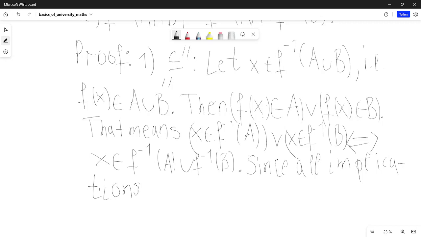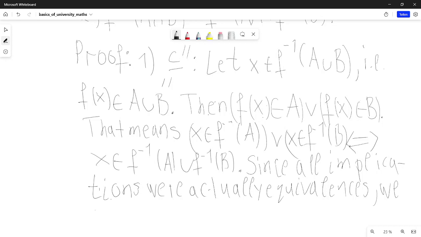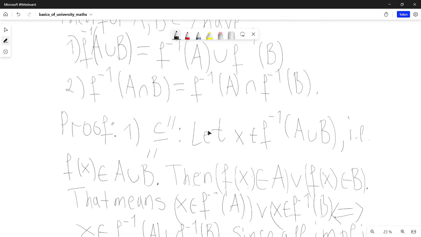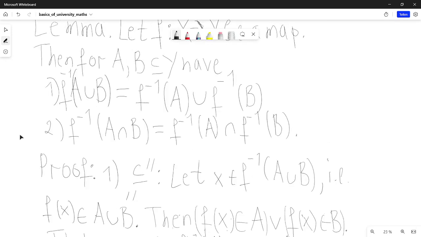Since all implications were actually equivalences, we are done. Alright, that was one. And so we have proved immediately also the other direction. Let's do two.